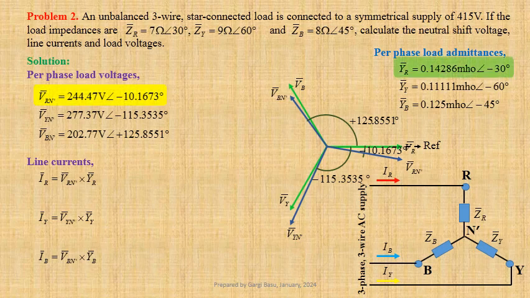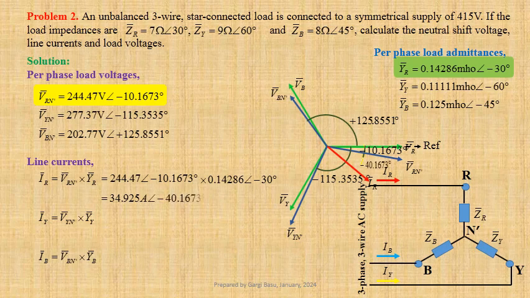Using values we get IR equals 244.47 at an angle minus 10.1673 degree into 0.14286 at an angle minus 30 degree, that gives us 34.925 ampere at an angle minus 40.1673 degree.